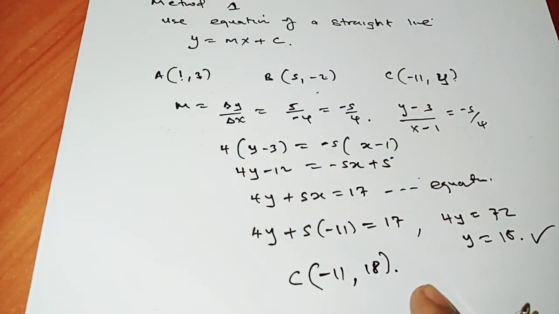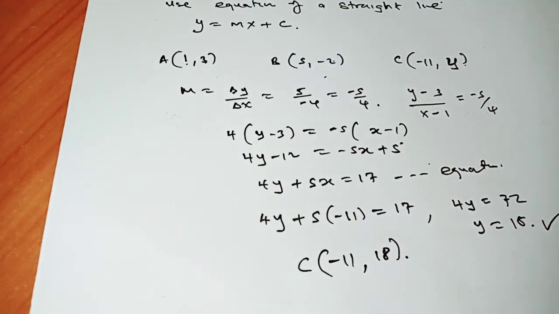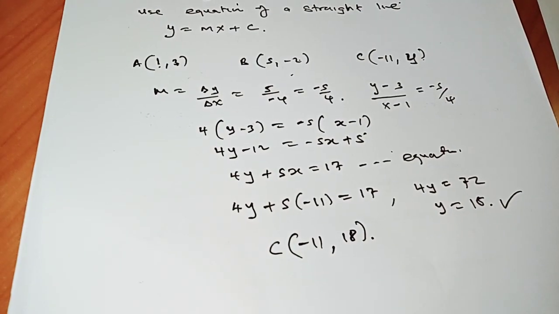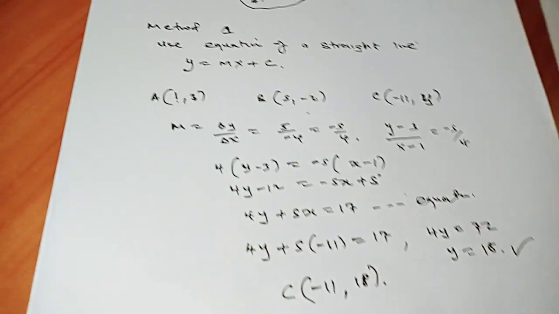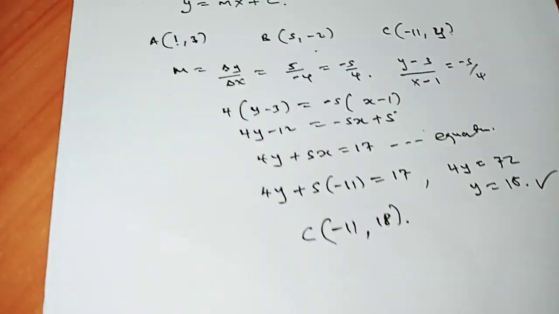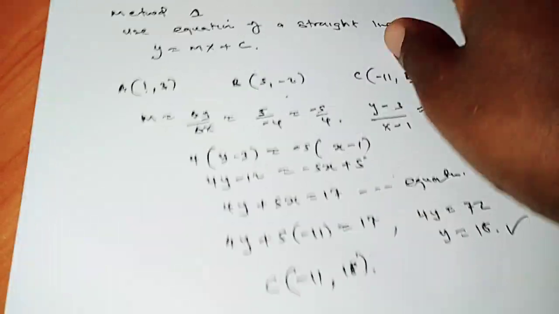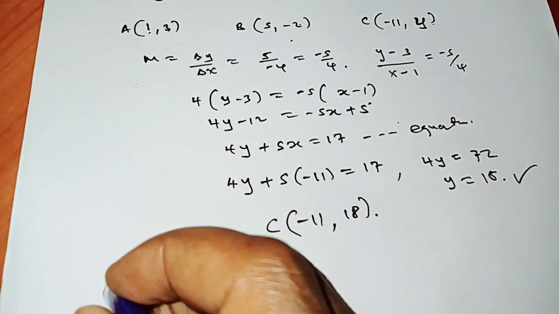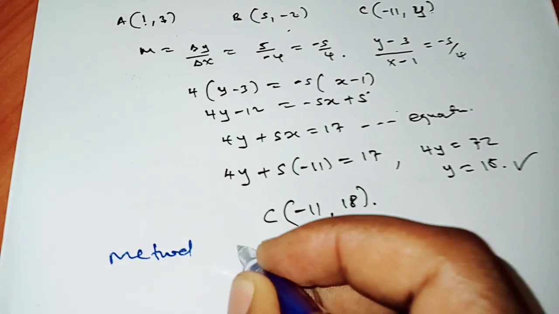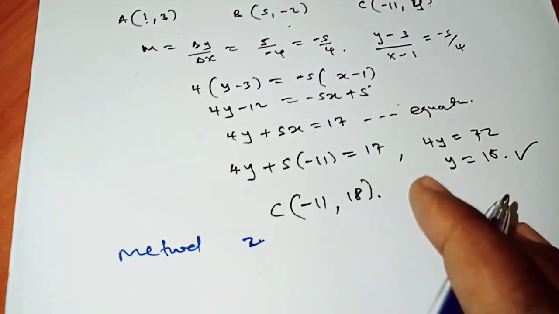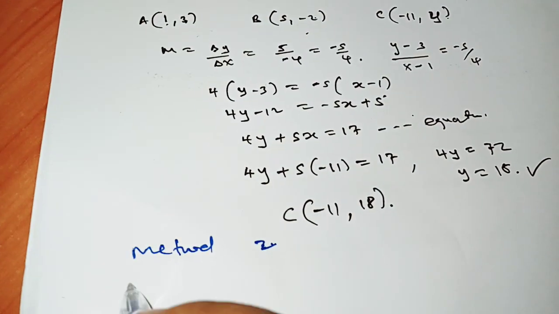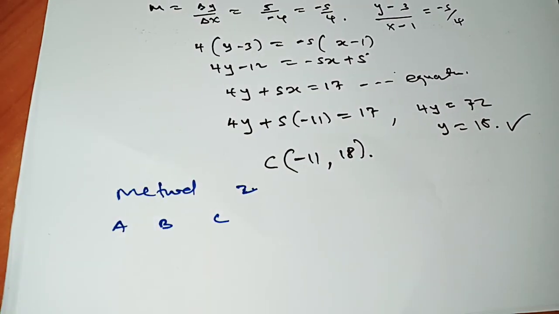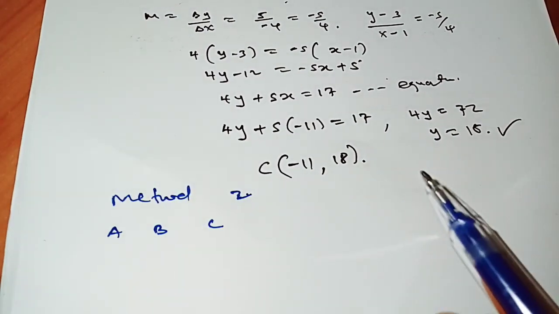The second method is going to be a method of using scalar comparison, and we assume that these points share a common point if at all they are collinear, and we are going to use this method here. We say this is method number 2, and we are going to take that these points A, B, and C, which we are told to test the collinearity, hence determine the value of y.